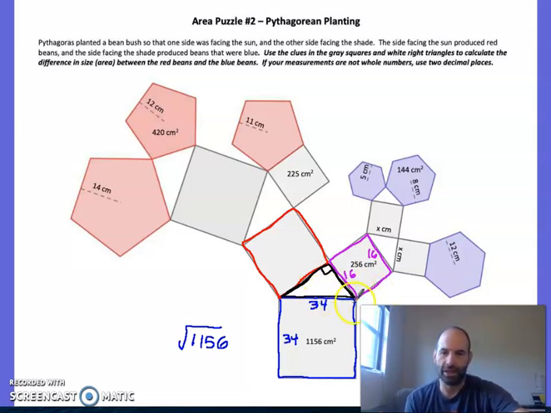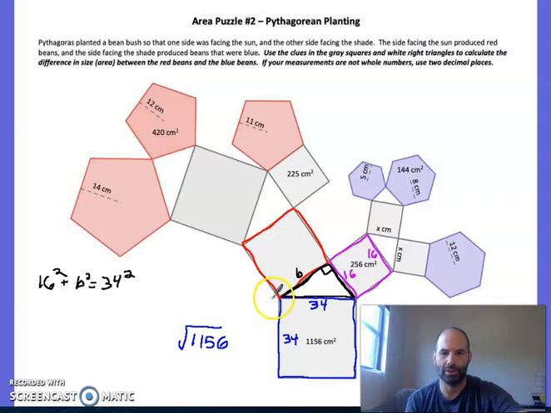So that's like an a squared plus b squared equals c squared problem. So it looks like 16 is the small side, so 16 squared plus this side I don't know. We'll call this one b, plus b squared equals the long side squared. That's the hypotenuse squared, 34 squared.